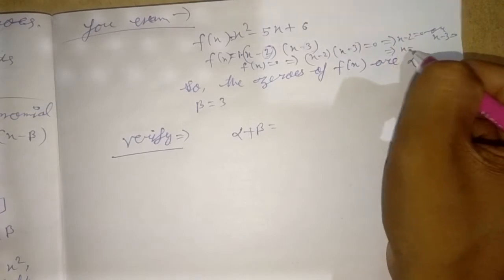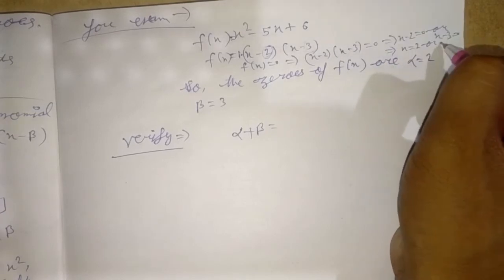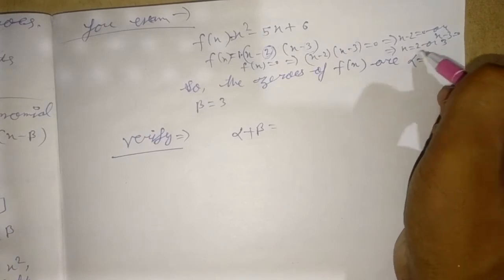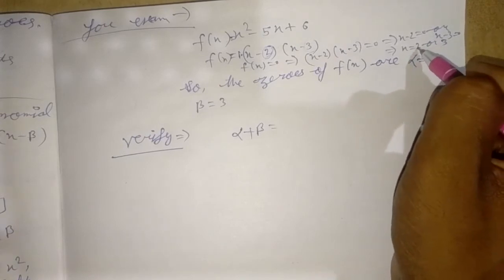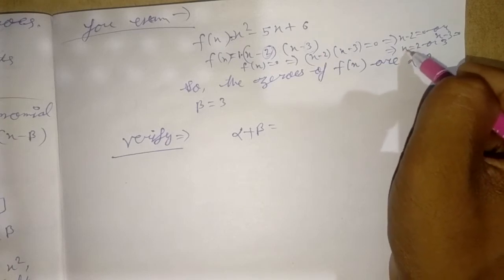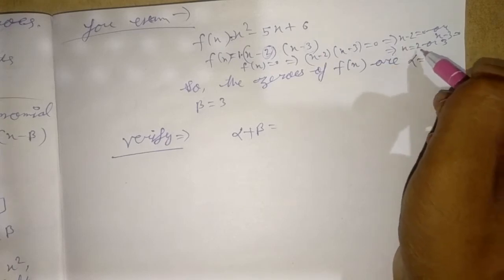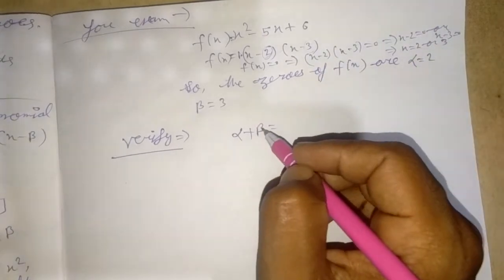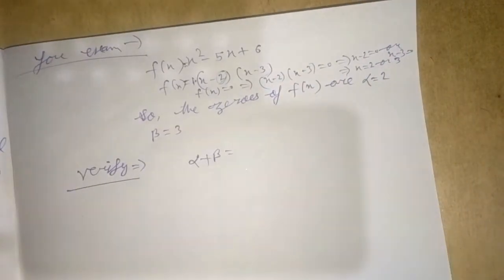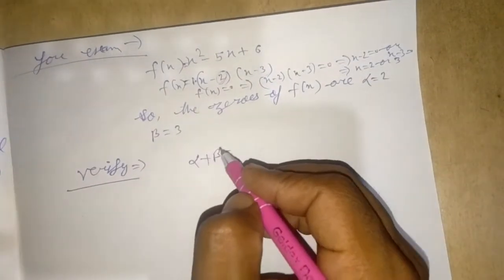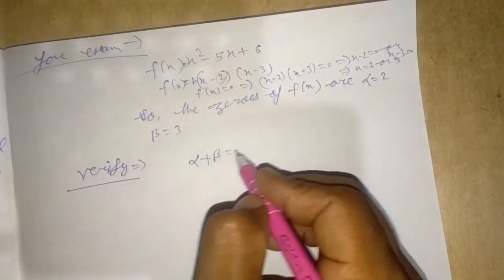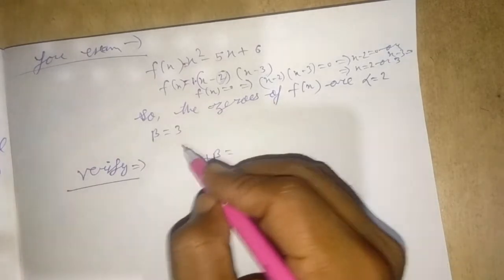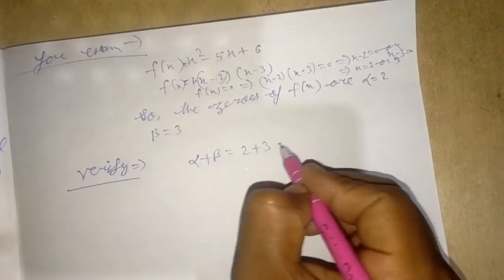So x is equal to 2 or 3. x equal to 2 means alpha is equal to 2, and x equal to 3 means beta is equal to 3. Now alpha plus beta is equal to 2 plus 3, which is 5.